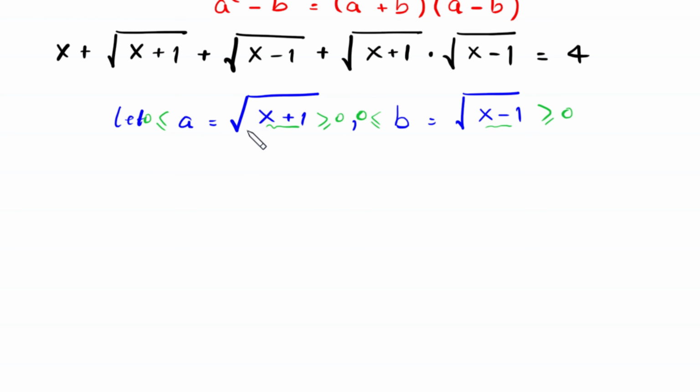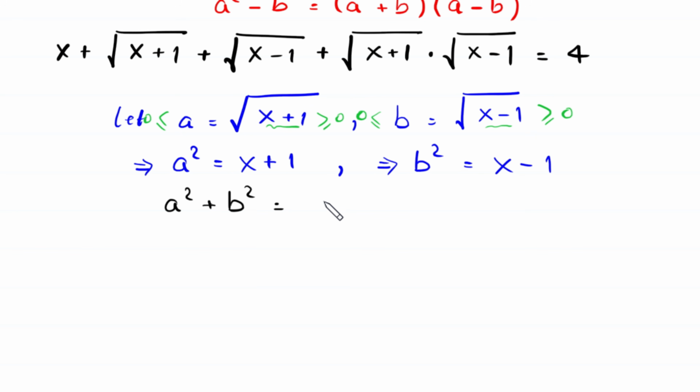If we square both sides, this implies that a squared equal to x plus 1. And if we square both sides of this equation, this implies that b squared equal to x minus 1. If we add these two equations, this will become a squared plus b squared equal to x plus 1 plus x minus 1.